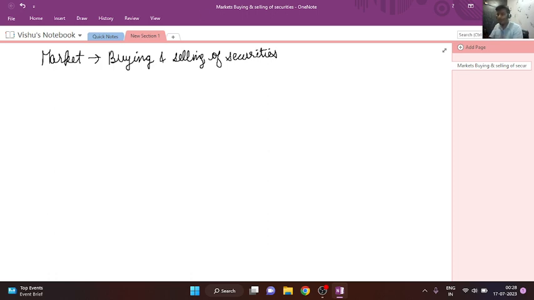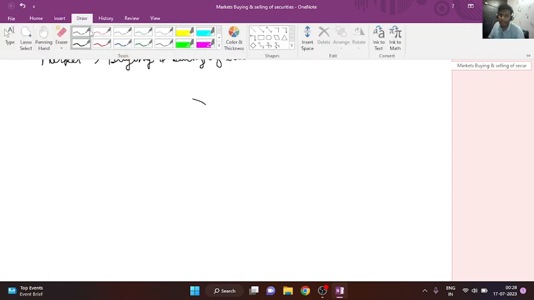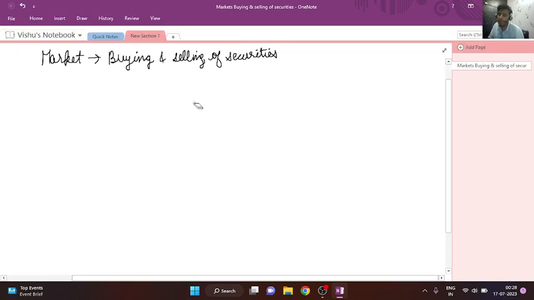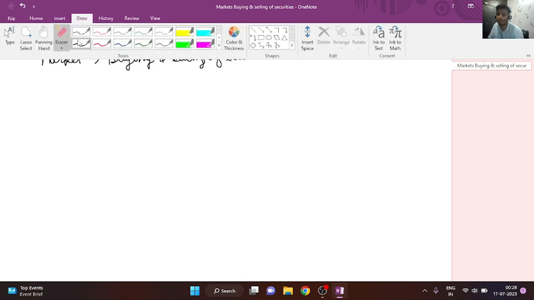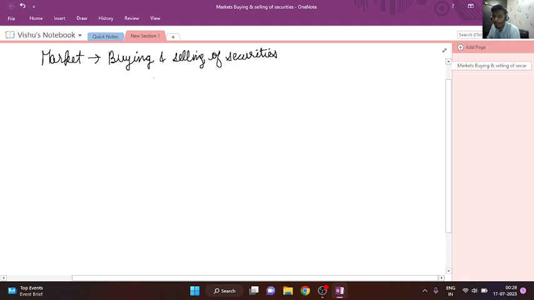When we talk about the market, there are two types of market consisting of securities. Here we are talking about stocks, that is, long term stocks or the capital market.